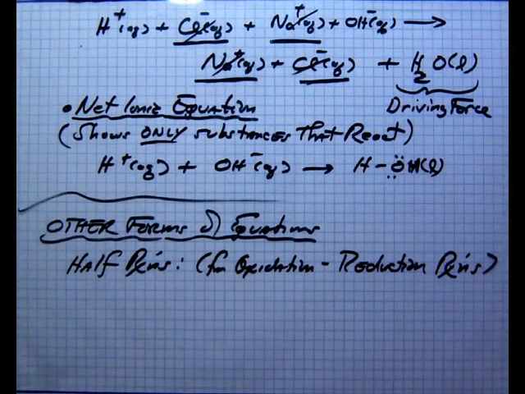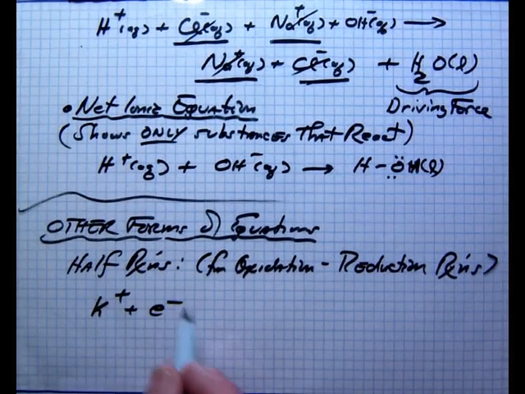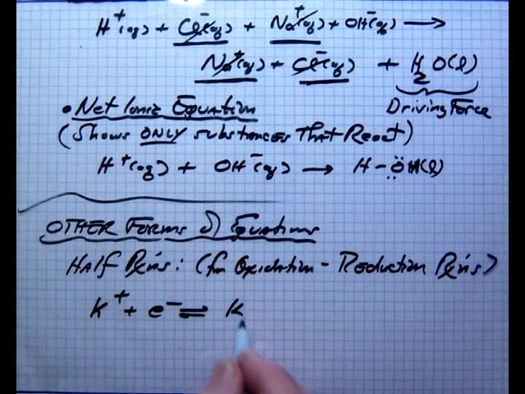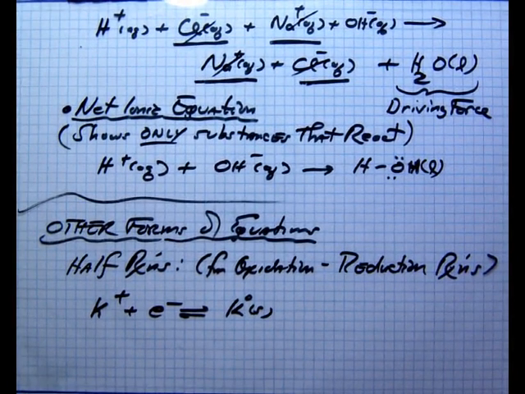Now if you want, I'll just take one here. K plus an electron goes to K neutral, and it is a solid. Okay, that's what it says right here. Now this will combine with something, so let me find a 1-to-1 ratio. I don't see another one, but I'll just pick nickel.